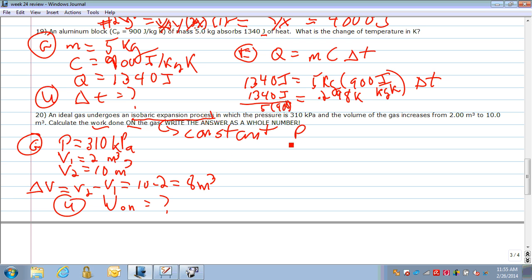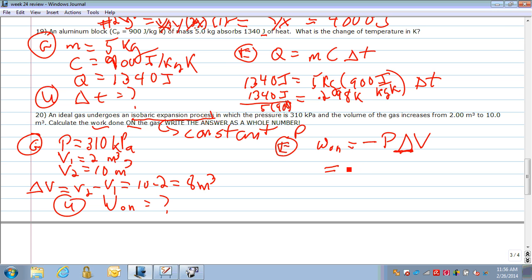Please make sure you have this equation on your card. We didn't do a whole lot with this equation. You remember that little slip of paper that was in your baskets? That was this problem. Work done on a system is equal to negative pressure times the change in V. So even though this looks like a very, very difficult problem, it isn't. It isn't any more difficult than your momentum problem.